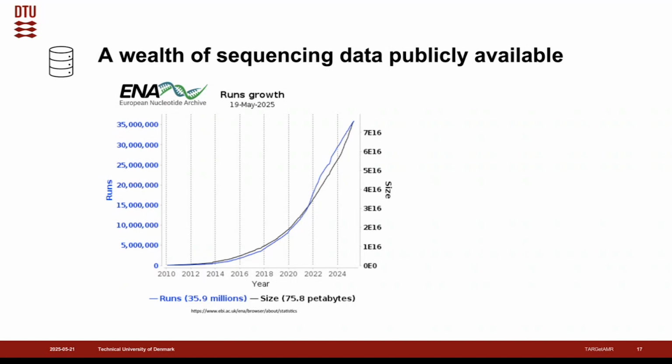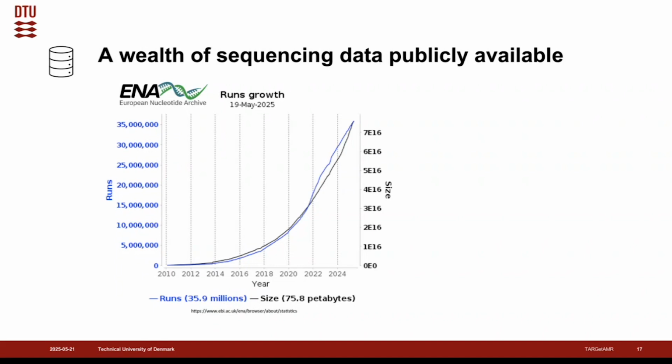I think it has a doubling time of, I think, 33 months at this size. Currently, there's like 75.8 petabytes of data available out there, and that is a lot. And we thought back, when did I start my PhD? In 2019, we maybe should take advantage of all this data that's out there.